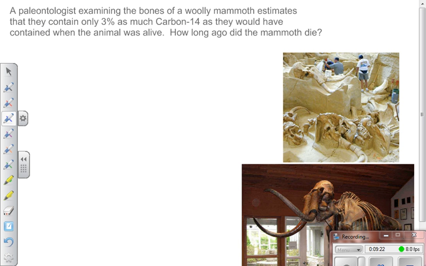So a paleontologist is examining the bones of a woolly mammoth and estimates that they contain only 3% as much carbon-14 as they would have contained when the animal was alive. How long ago did the mammoth die? Well, we're still doing a science model, and we're doing decay.